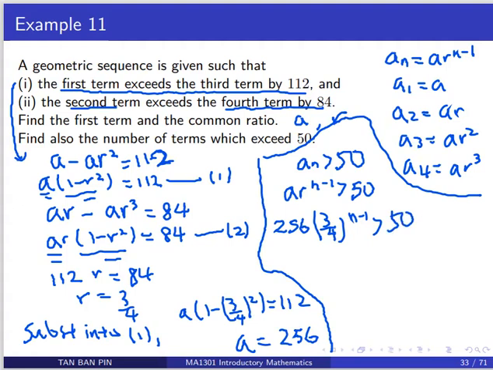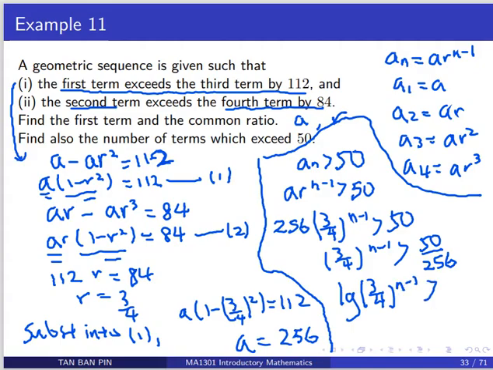So with that, you need (3/4)^(n-1) more than 50 over 256. And then you can take log on both sides. So you take log on both sides, so it's log of (3/4)^(n-1) more than log of 50 over 256.